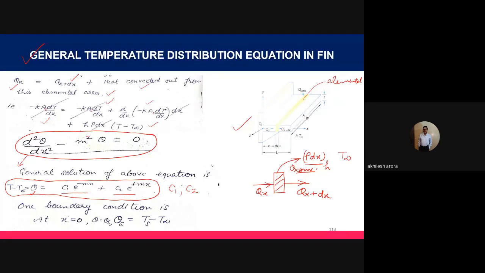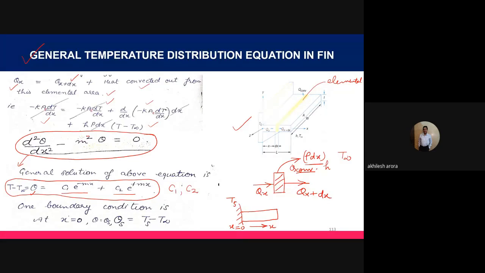So one of the boundary conditions is the simplest one. What we can consider is that if this is the fin here, at the base the temperature is Ts, and we can consider that this is at a distance x equal to 0, and x is increasing in the direction of the length of the fin.